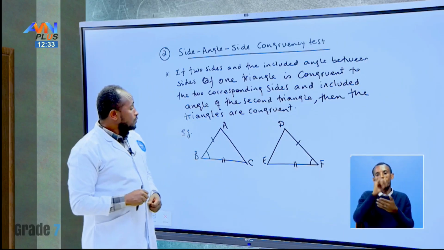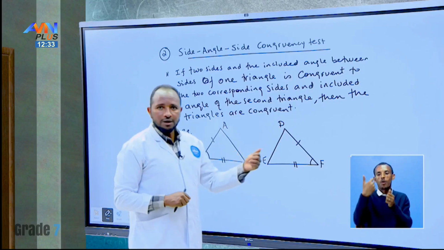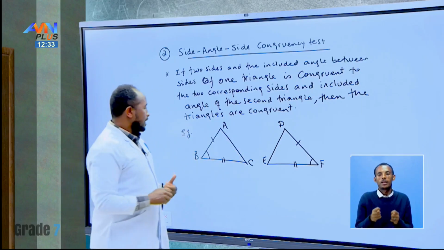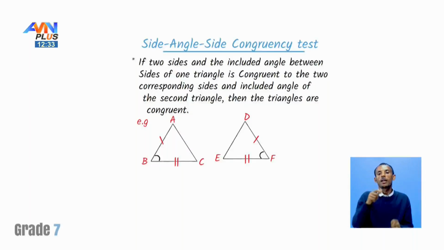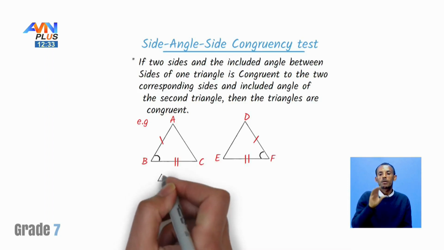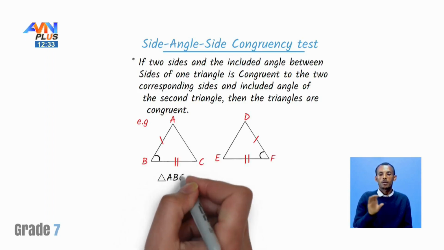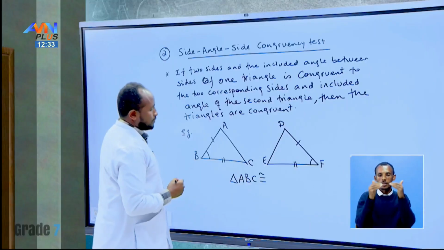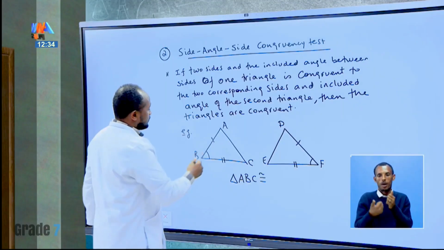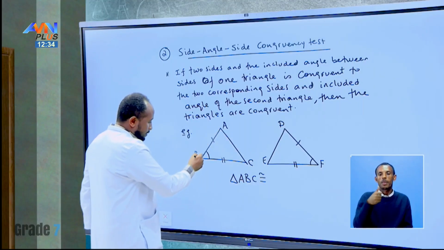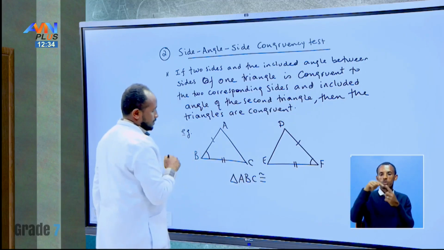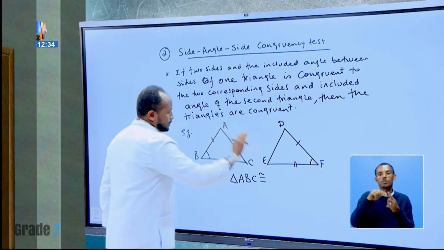So, in what order can we fit these two triangles? Let me write this one. Triangle ABC is congruent to, look at the order from this side to this one, from mark 1 to mark 2.